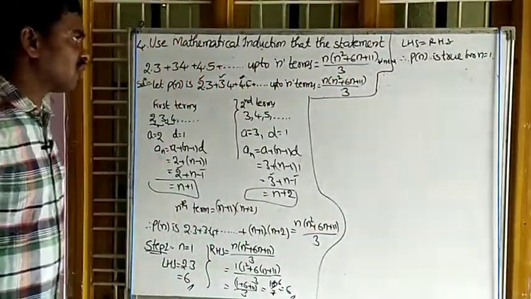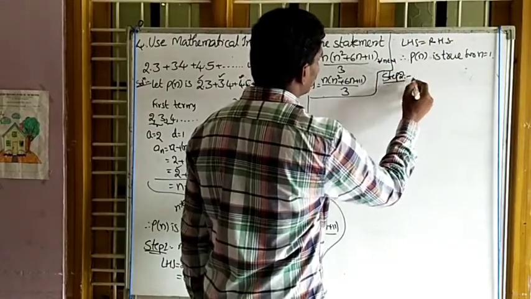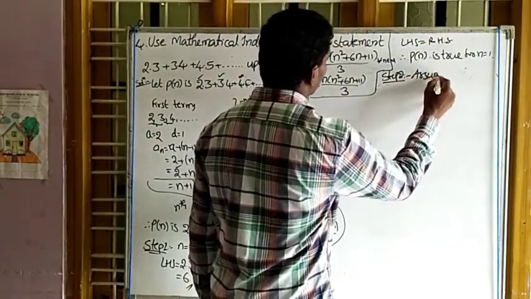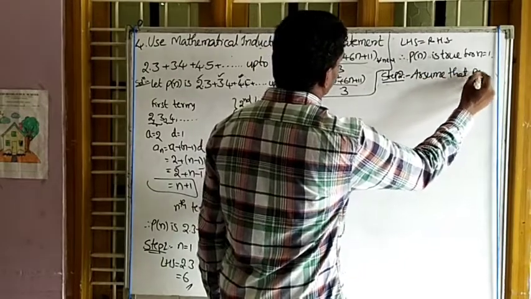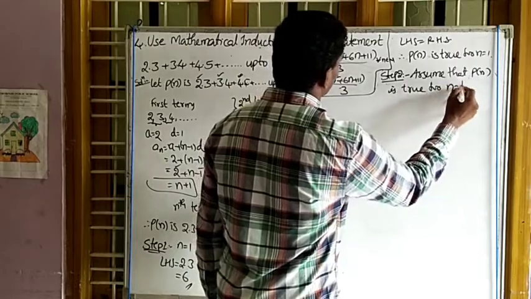Okay. Next what? Step 2. Very good. What is step 2? Assume that P of n is true for n equal to k.